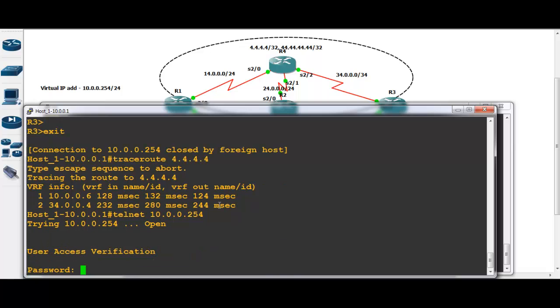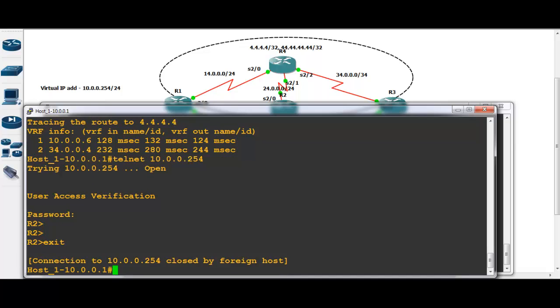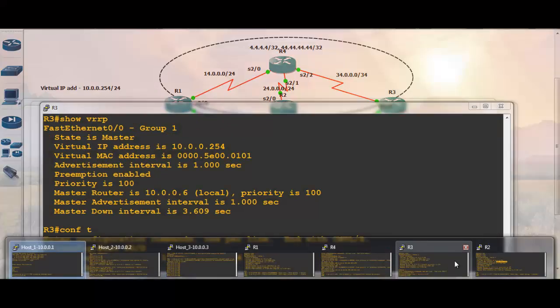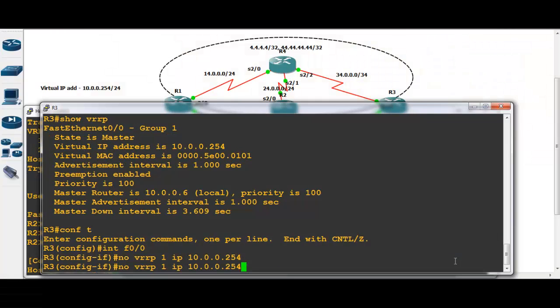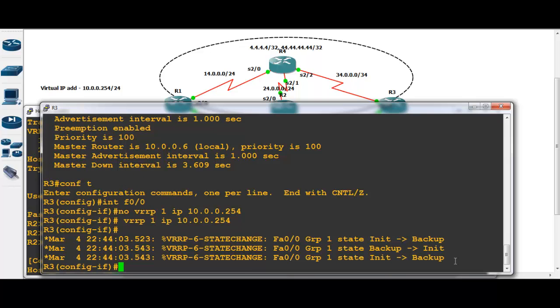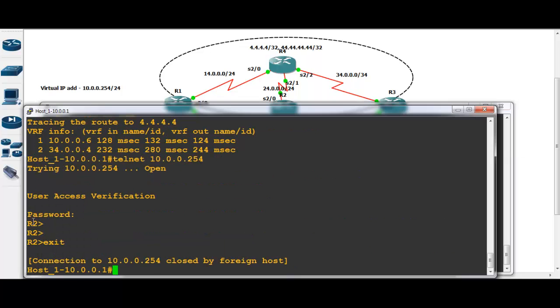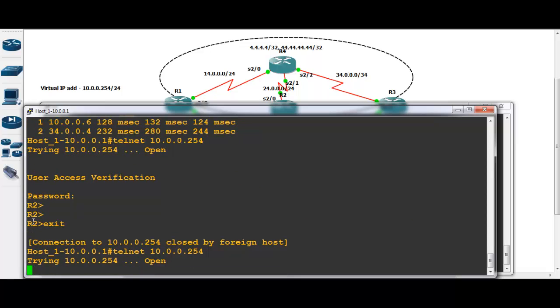Now this is telnetting actually R2. See, I see R2. And now if R3 comes back, I'm just going to put the command back. In 4 seconds, this will become master. Now if I do the same telnet, previously it was R2, now it should be R3.